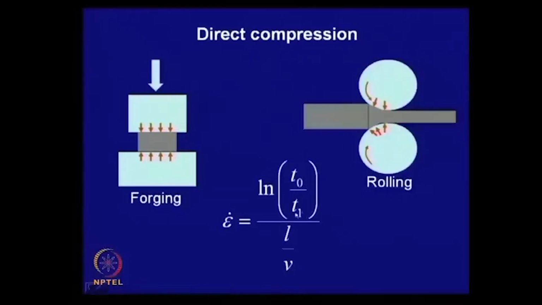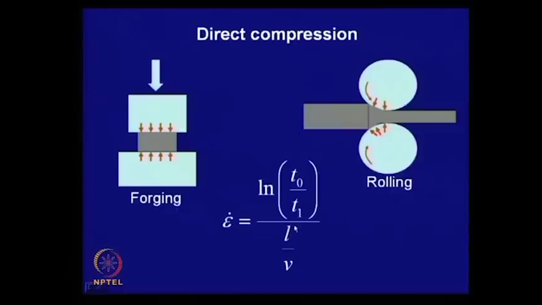This is the true strain. Here also the initial thickness is T0 and the final thickness is T1, and this is the length of the job over which the deformation is taking place.